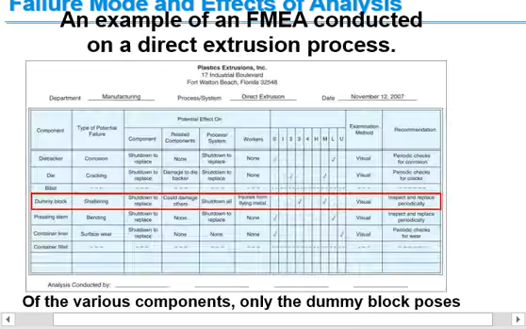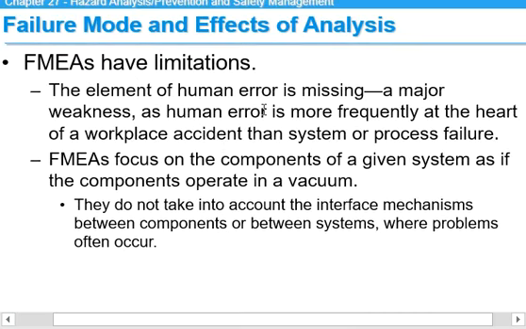So this kind of analysis is limited. Why? Because it focuses only on the components of a given system. That's a problem, because what's missing is the element of human error.